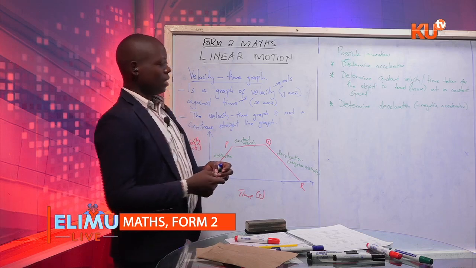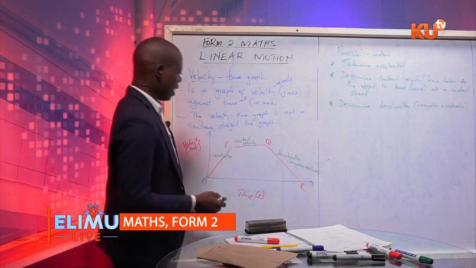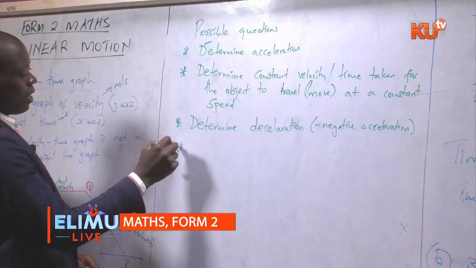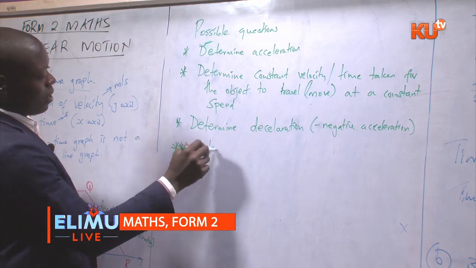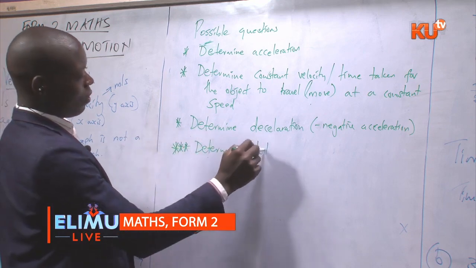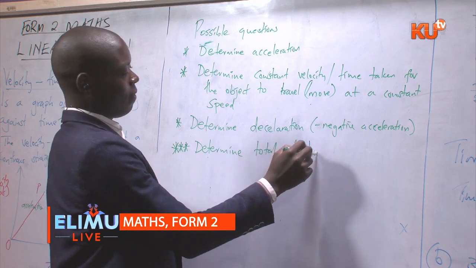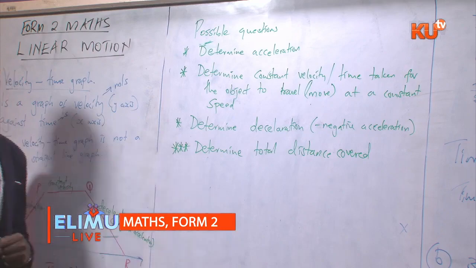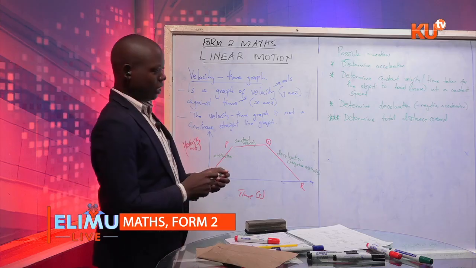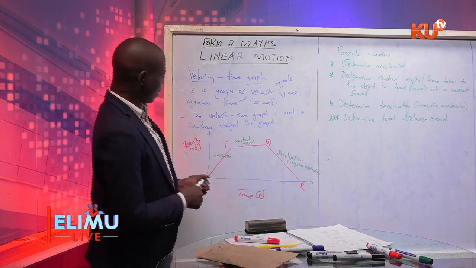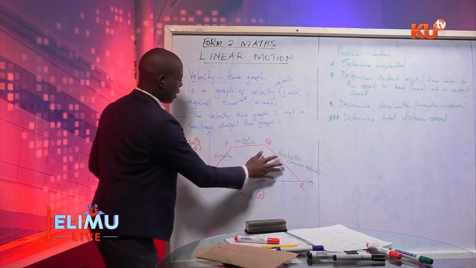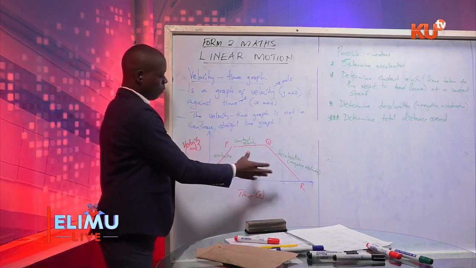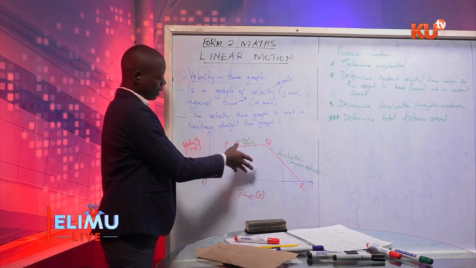Those are the possible areas that we may be asked from this diagram, plus the fourth one, where you may be asked to determine the total distance covered. When you are asked to determine the total distance covered, what you need to do is calculate the area under this curve. This can form three or four figures.